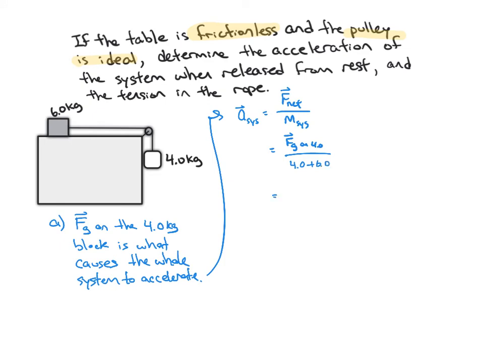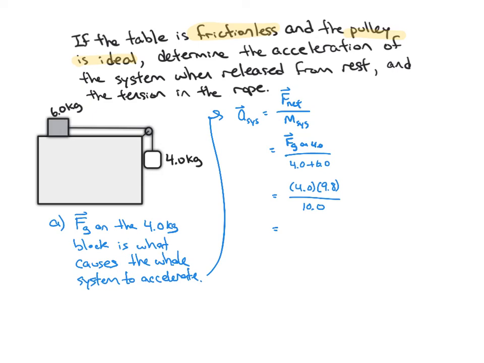All right, the force of gravity on the 4 kilogram block is going to be 4 times g, 9.8. And the total mass for 4 plus 6 is 10. So that's what I'm going to calculate out for the acceleration of the system.